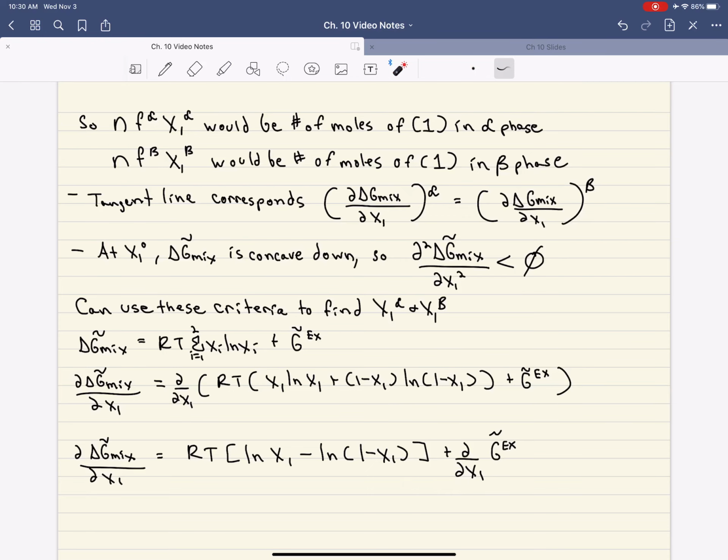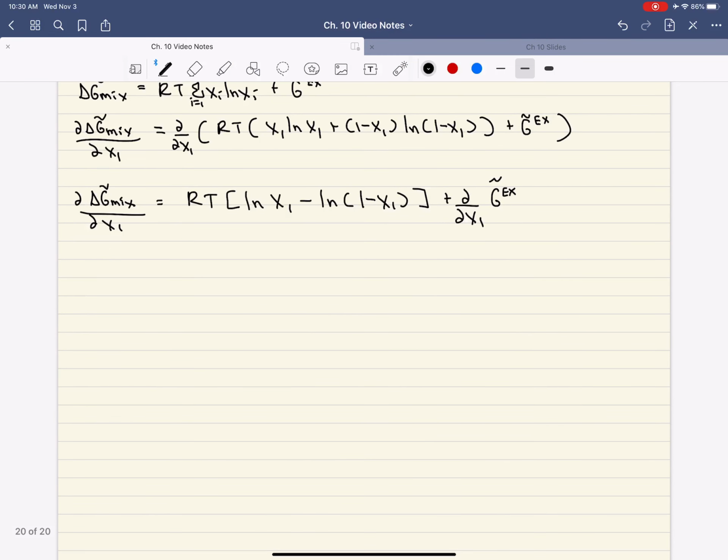Okay, and so now we need to look at the second derivative. And if we take the second derivative of delta G mix, or just take the first derivative of this, what we get is this equation.